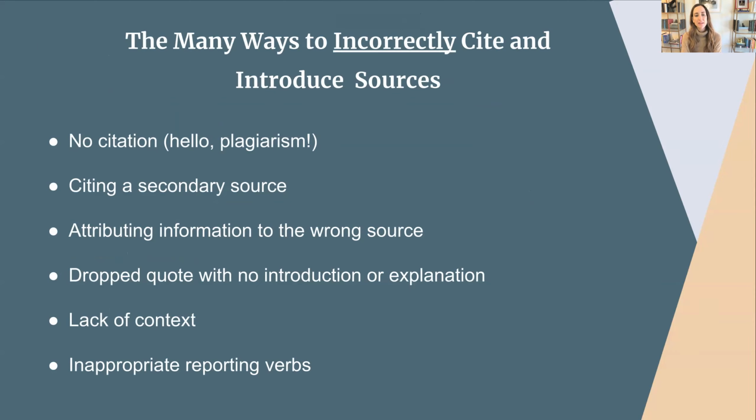Or maybe you're attributing information to the wrong source. Maybe you have a dropped quote, like the example I gave just a moment ago, with no introduction or explanation. Maybe there's a lack of context or inappropriate reporting verbs. So these are all things that can come about if you're not really intentionally thinking about how you're citing and introducing your sources.